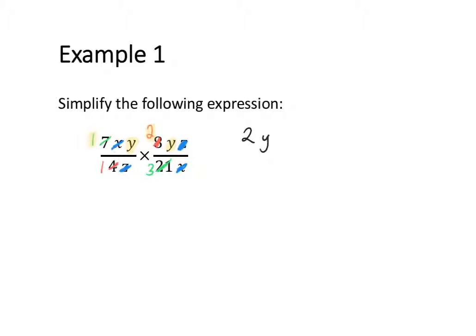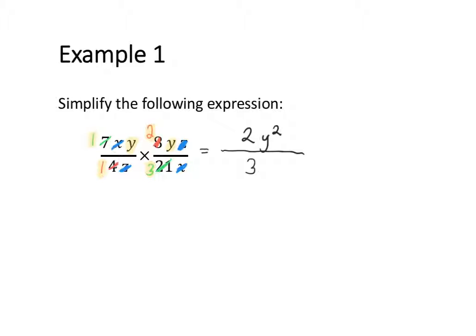So my numerator becomes 2y squared. For the denominator in step 3, I've got a 1 left and a 3 left, so 1 times 3 is equal to 3.